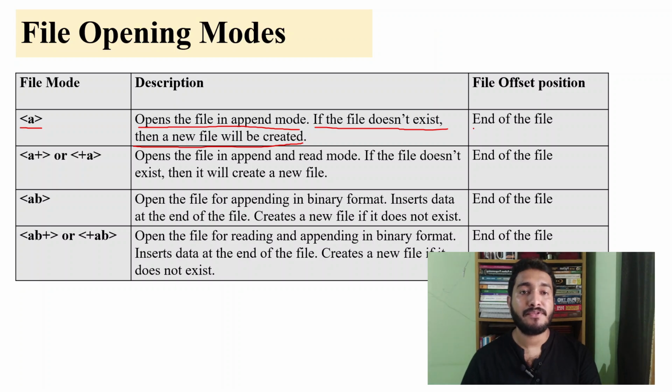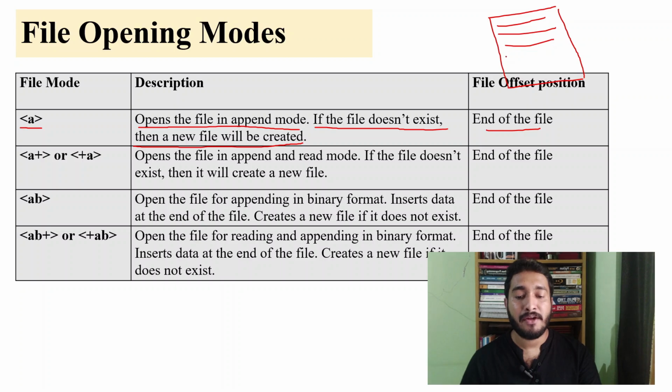Once you open a file using append mode, the file pointer will be at the end of the file. So look at this. You have a file with some content. If you open it using append mode, the file pointer will be at the end of the file, so that you can add some more content onto this.